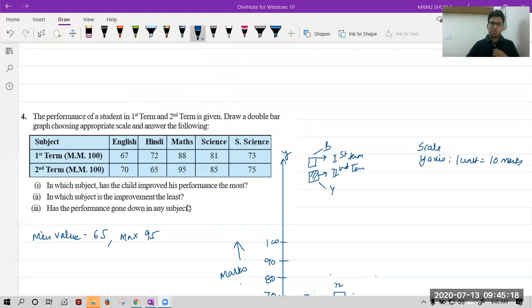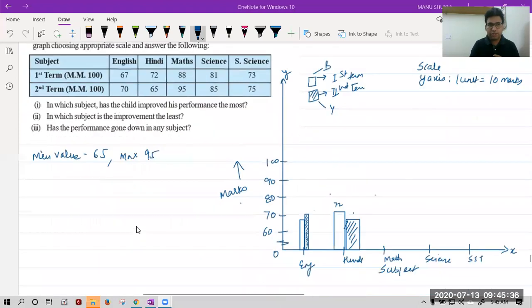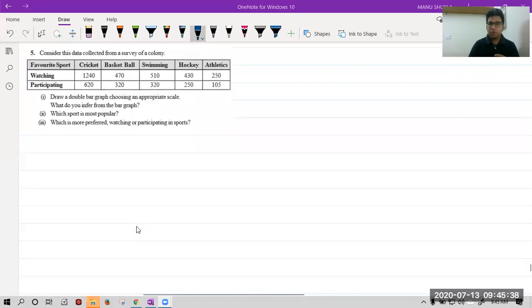Yes, in Hindi we are degrading and we are improving in other subjects. So we can say that improvement is least in social science. Okay. You can check also the answer at the back. Okay. Now let's see question 5. See this one.